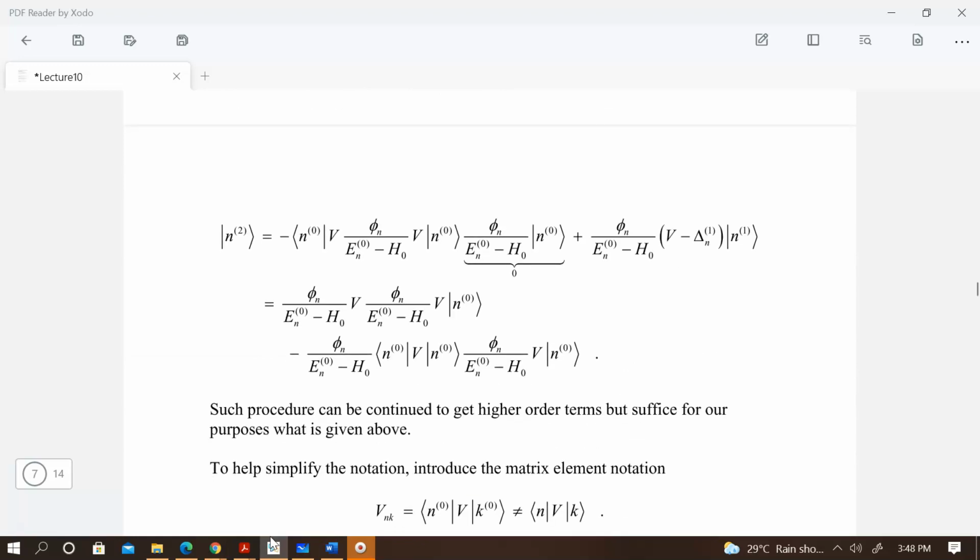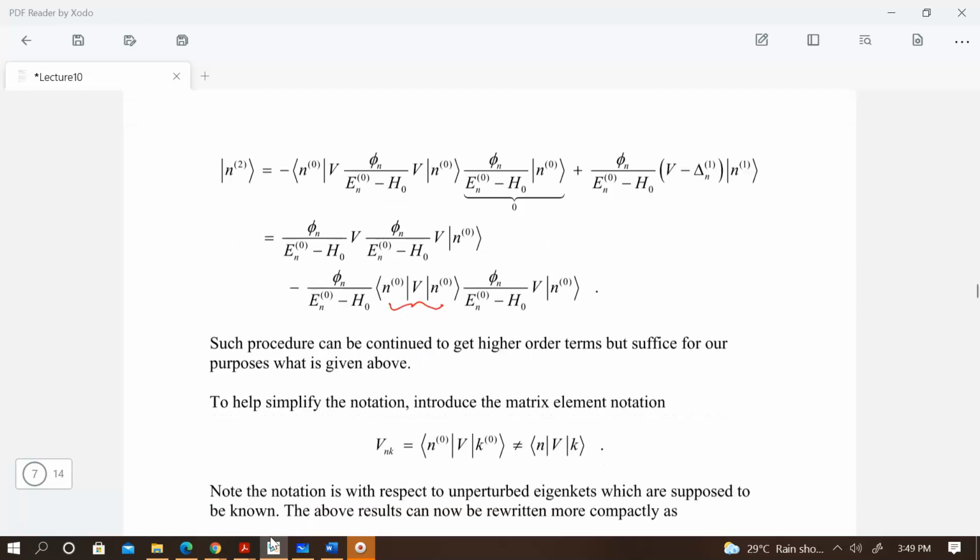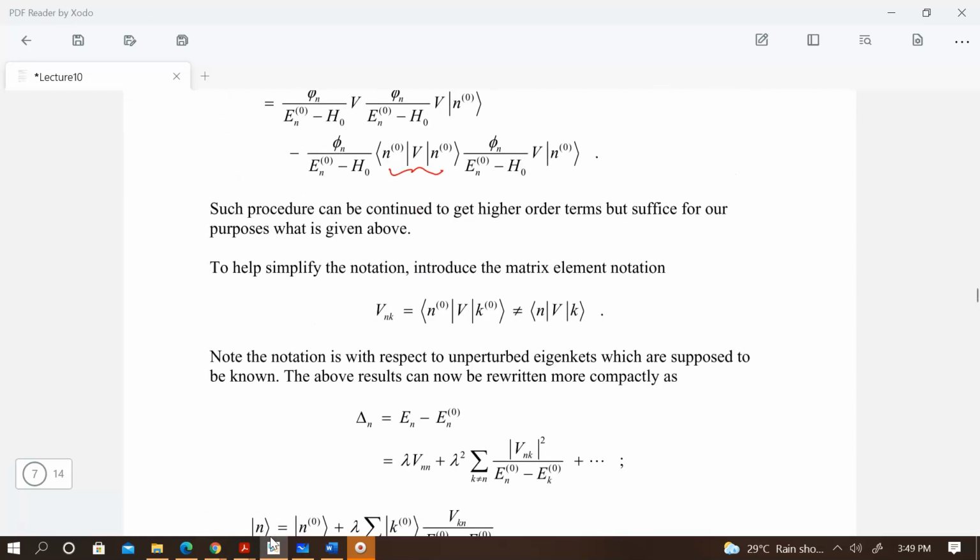So essentially, what's happening here is the terms keep getting multiplied by this projection operator, and the ones that are involved in terms of numbers are things like this. So generally, the thing that you're looking at is this matrix element.